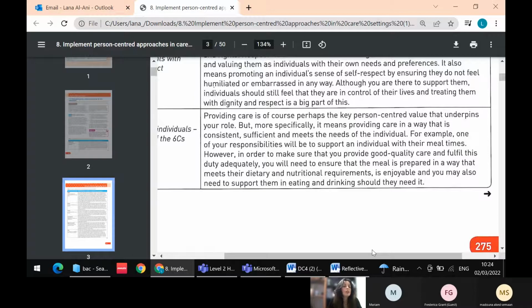For example, if you're serving some ham sandwiches that day, but some of them can't eat it, you need to make sure you provide for each person, because you have their care plan and all the information. Make sure you don't serve him this, even if he's got dementia. You need to care for each individual as being unique.